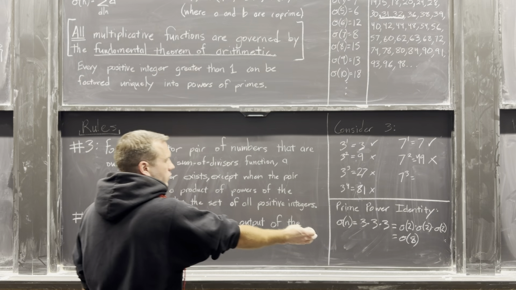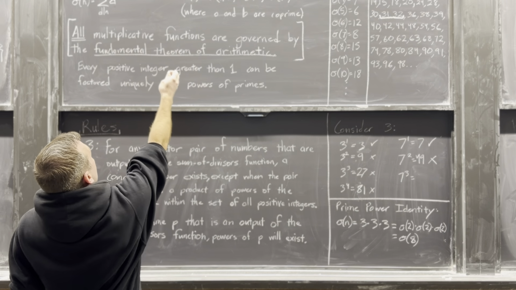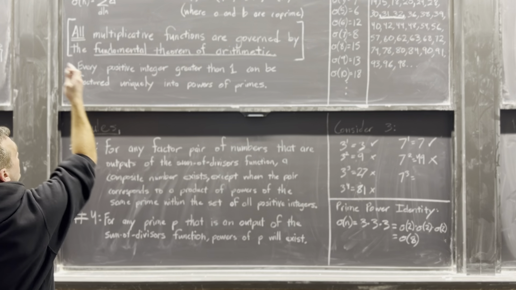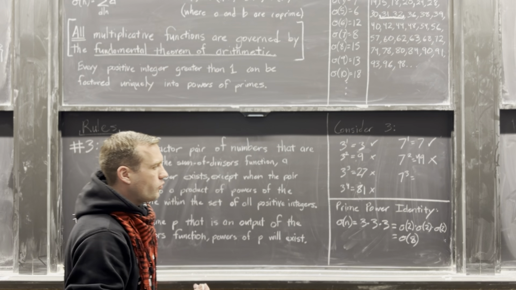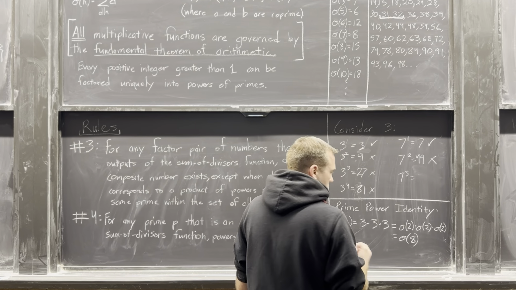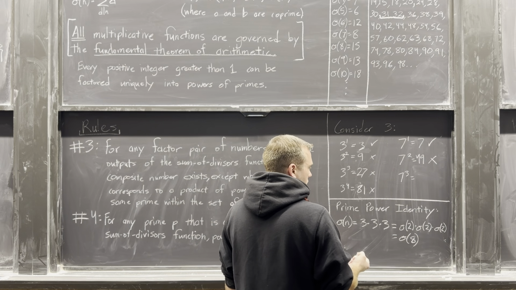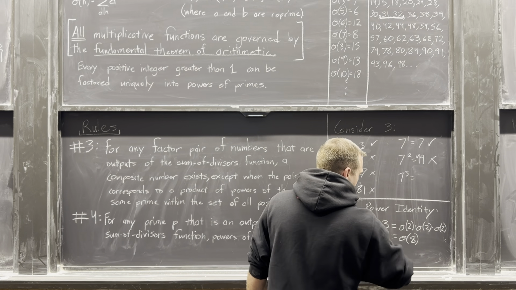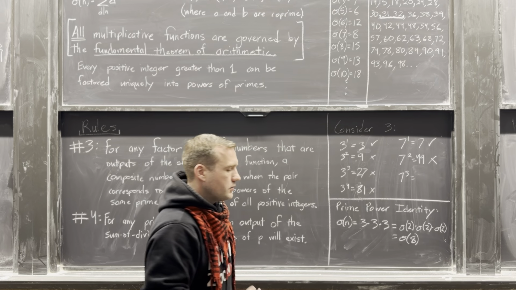both from the multiplicative form and from, right, the nice thing is we can always check the additive form. The additive form always gives us the correct amount. So all we have to do is check, and sure enough, we know that sigma of 8 does not equal 81, it equals 15.